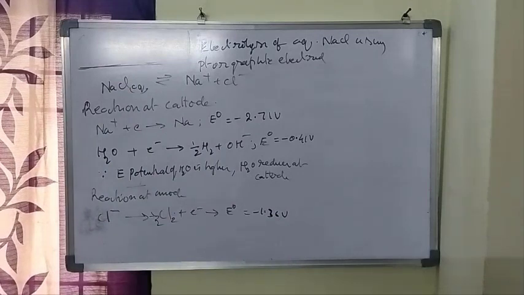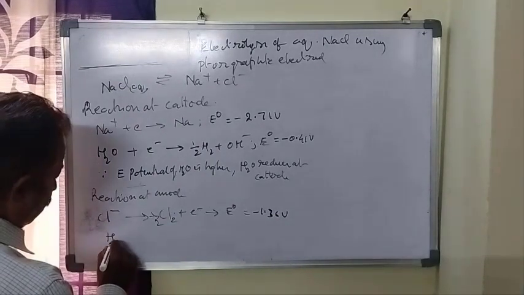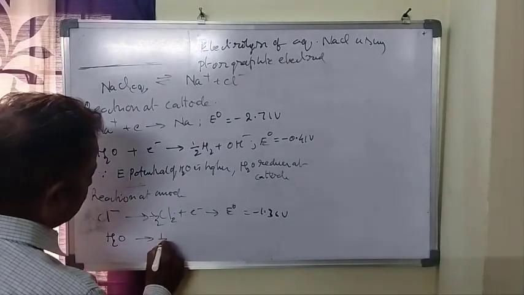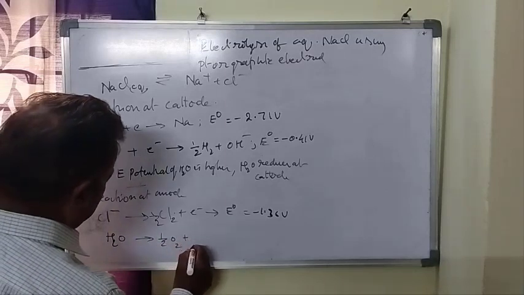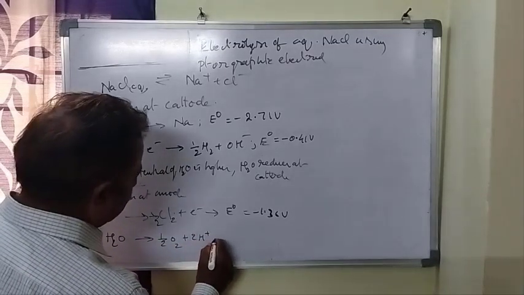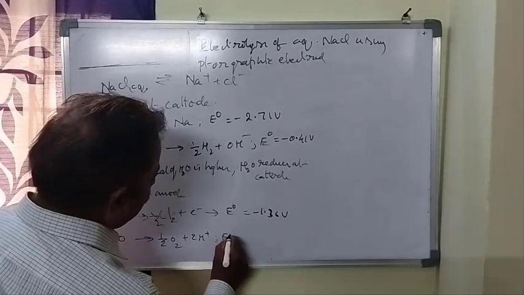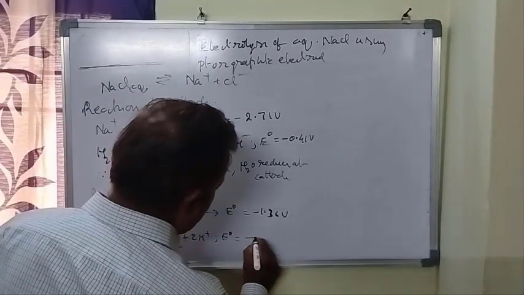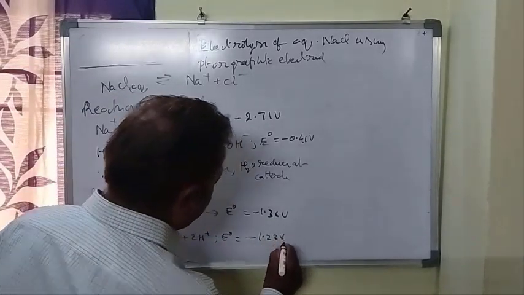Another possibility is water oxidizes to oxygen plus 2H+. The electrode potential is minus 1.23 V.